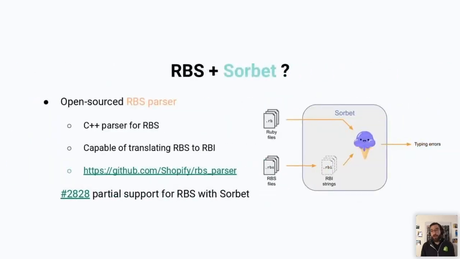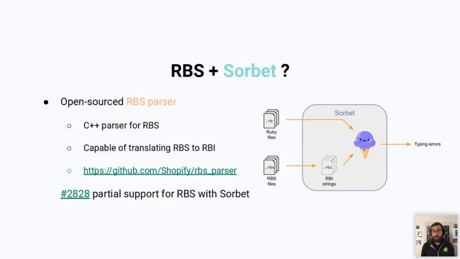One interesting avenue we are working on right now is to make Sorbet compatible with RBS. So we recently open sourced what we call RBS Parser, which is a C++ parser for RBS. This parser is capable of translating parts of the RBS specification to RBI. You can actually find this project in our GitHub organization. We tried to integrate this parser as an experiment directly inside Sorbet.